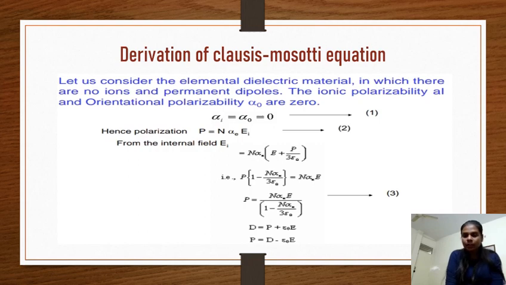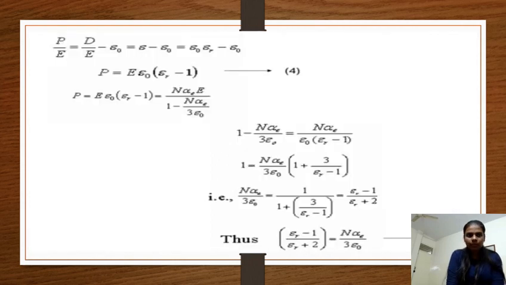And we know another equation, that is D equal to P plus epsilon naught into E. So from that we get P equal to D minus epsilon naught into E. Now, P by E equal to D by E minus epsilon naught, where D by E equal to epsilon minus epsilon naught, that equal to epsilon naught epsilon r minus epsilon naught. So, by substituting, P equal to E epsilon naught into epsilon r minus 1. Assume this as the fourth equation.